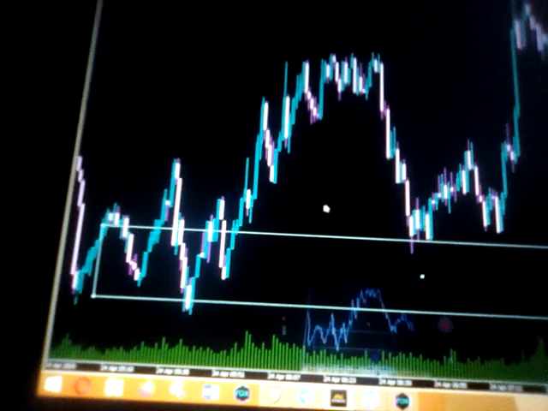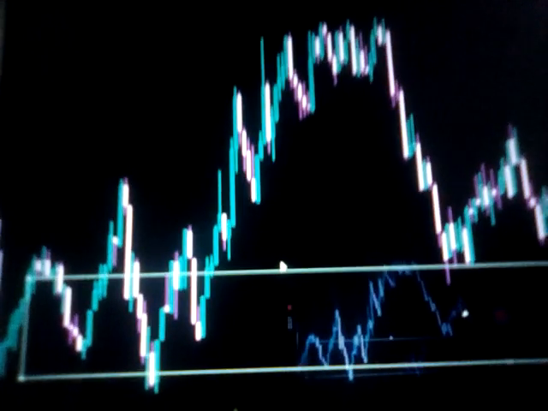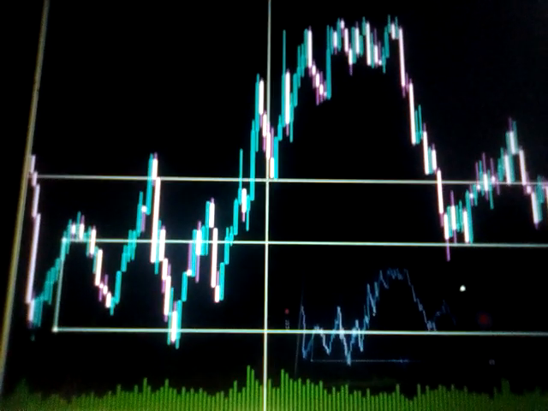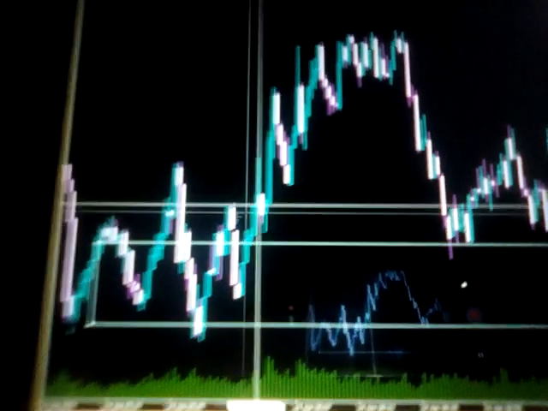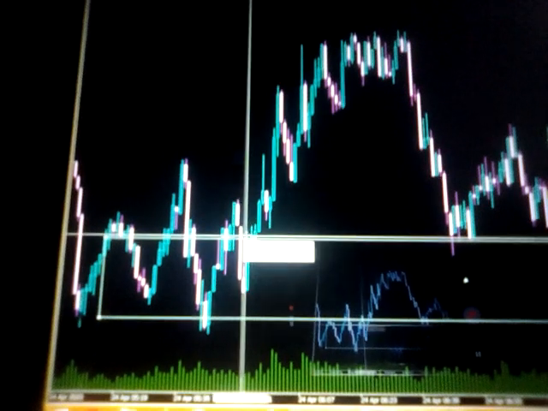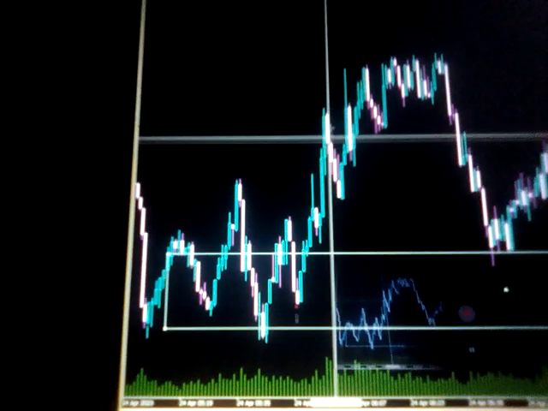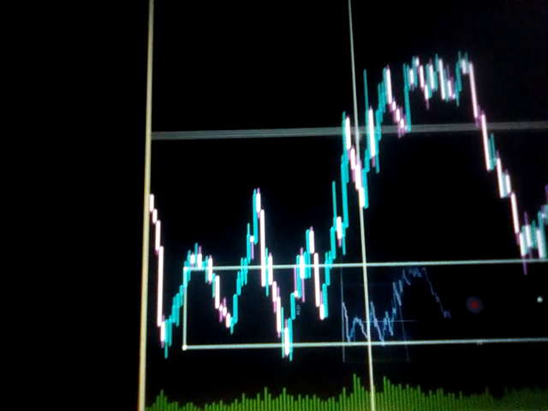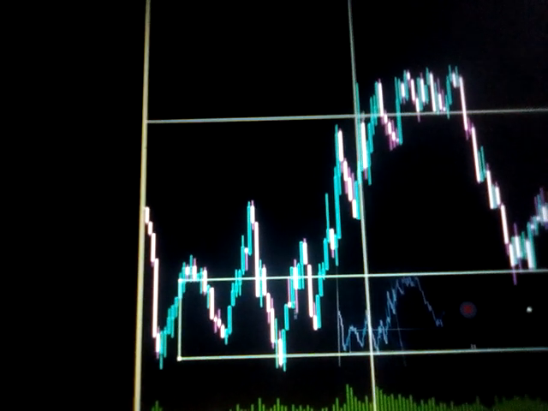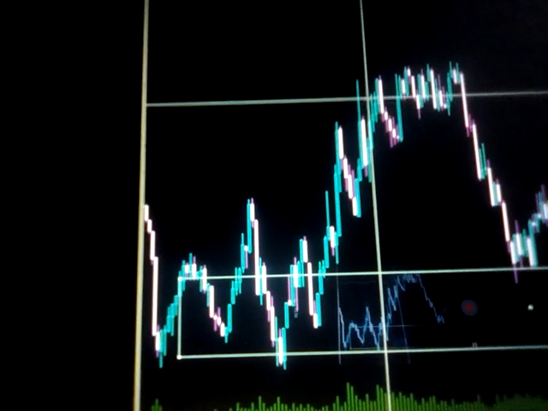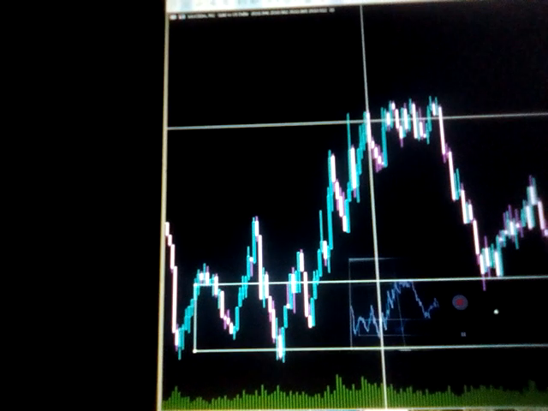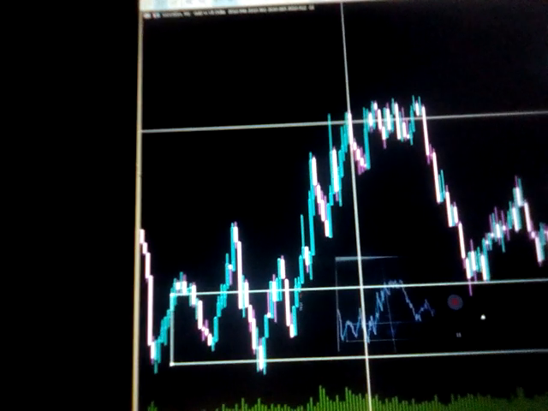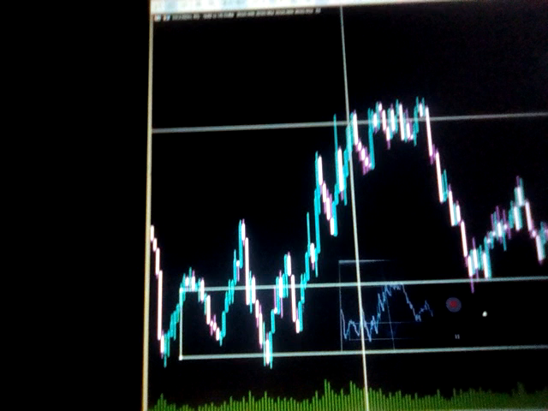Now in this case, you can see the market went for a nice rally. It came back, it broke that structure, it came back again, it broke structure. I don't want you to look for this many breaks of structure.